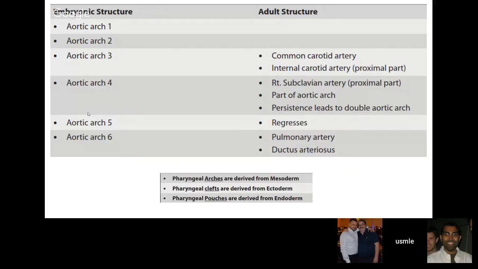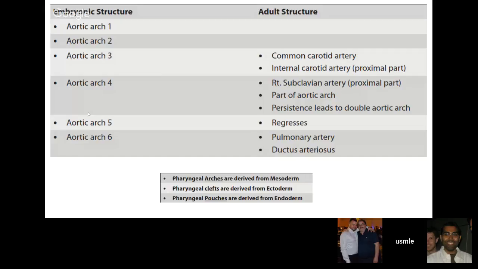And remember, since you talk about aortic arch, it's going to be blood vessels, arteries. So arch 3, starting from the base of the aorta, you're going to have the common carotid artery and the internal carotid artery. So it's about carotid in here. There's not much more to that. Arch 4 is starting from the subclavian, the right subclavian, the proximal part.